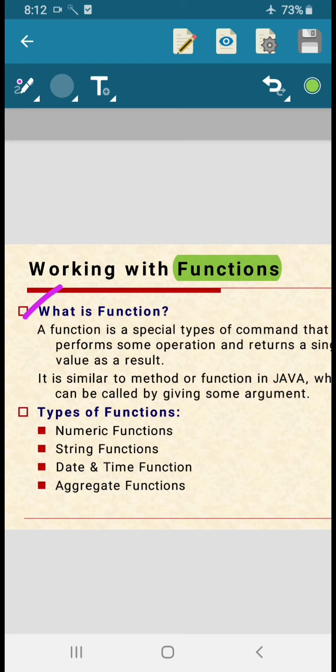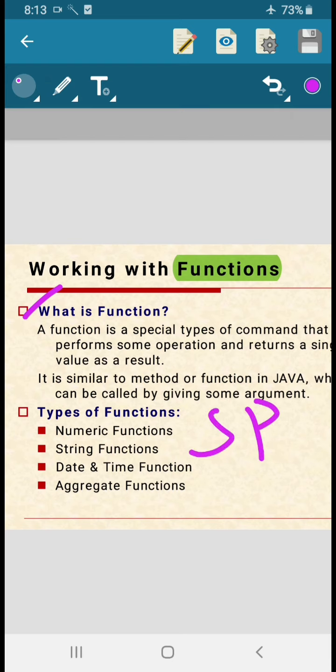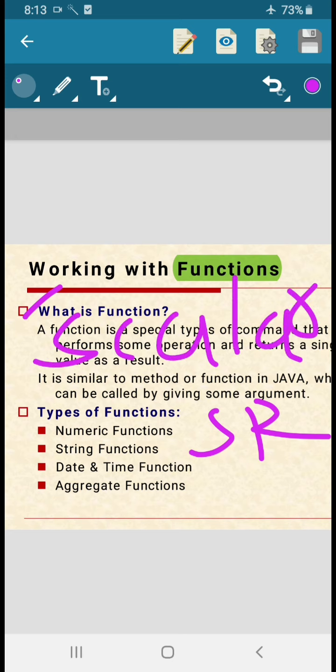Generally the functions are divided into two categories. I am telling about the categories, not the types of the functions. They are single row functions, SR meaning single row functions, which are also called scalar functions, and the second one is multiple row functions, which are called group functions.